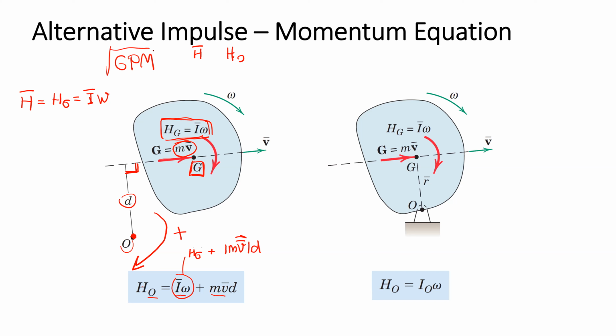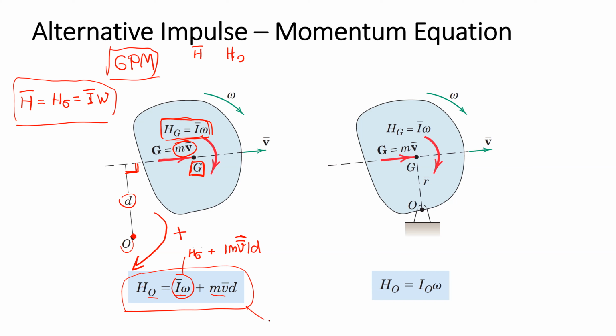Here, for the general plane motion, we have two possible choices. We may consider the angular momentum about point G if it's simple, or if point O is easier given the information from the problem, we may use this relationship.